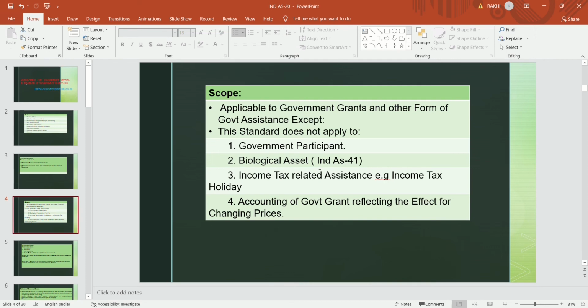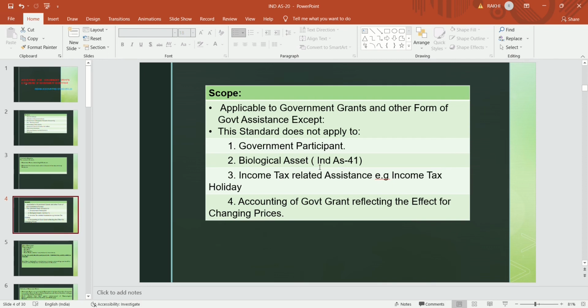If the company fulfills that condition, they will recognize that as a government grant. And if the company is unable to fulfill that condition, the company has to repay that grant to the government. So it's all about the fulfillment of the condition; only then will they recognize it.